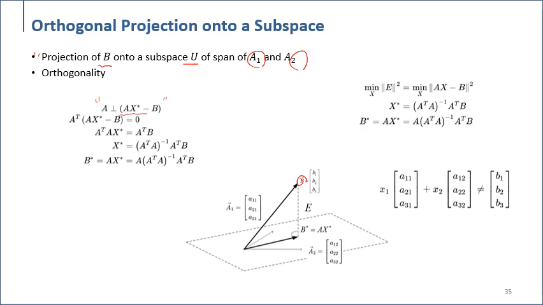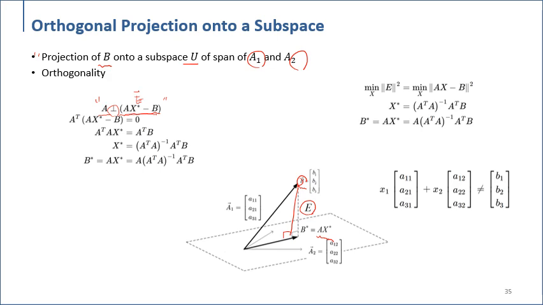Here, this is simply the E vector, which measures the difference between Ax star and the original b vector. And we know that the E vector is normal to this plane, so A and E are orthogonal.